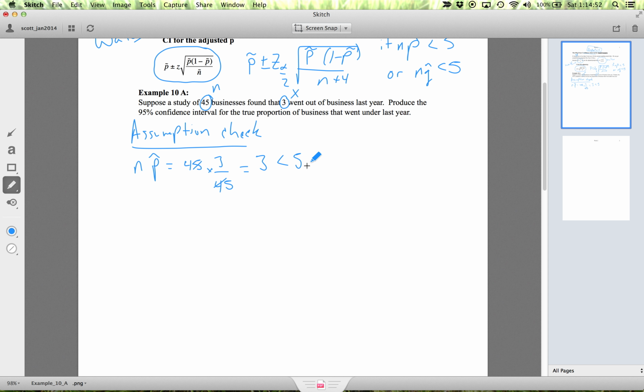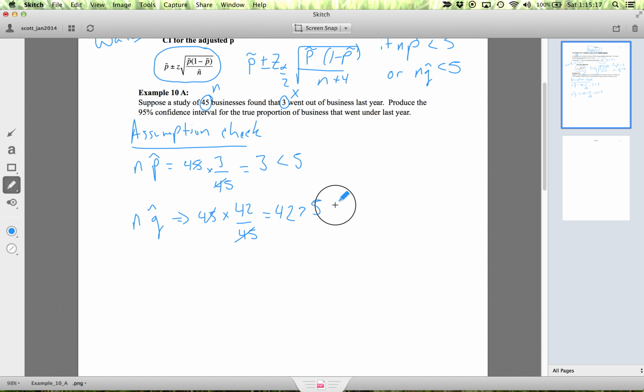Okay, so because this value is smaller than 5, we can also check n times q hat. This would be 45 times 42 out of 45, giving us the value 42. Sorry, that's a 42, which is obviously greater than 5.